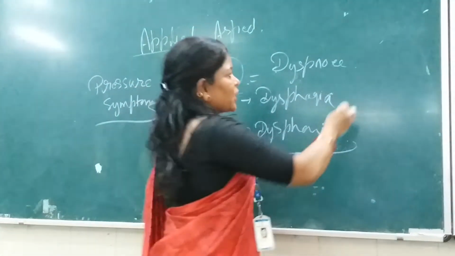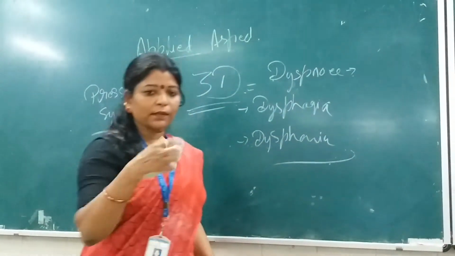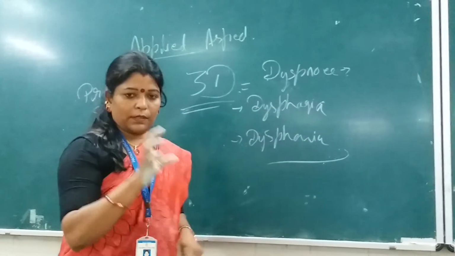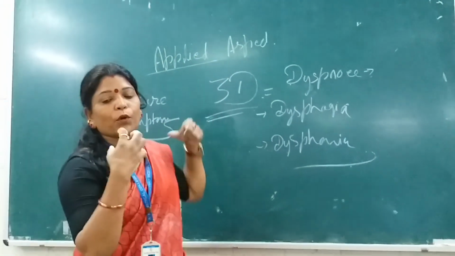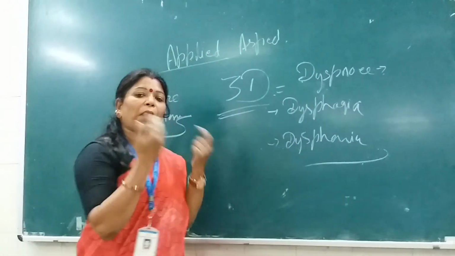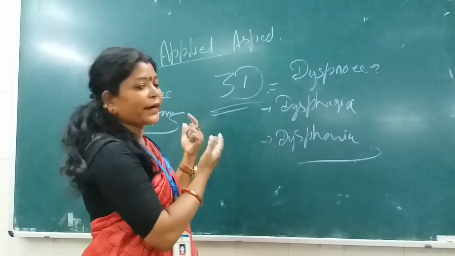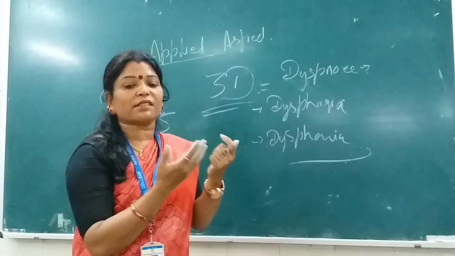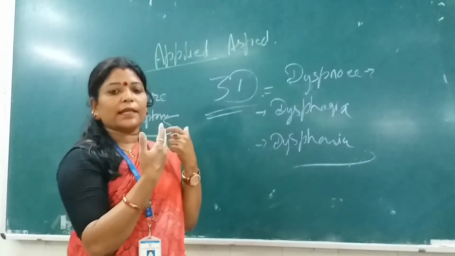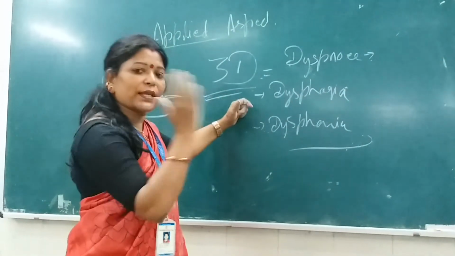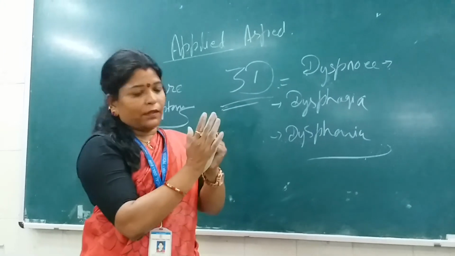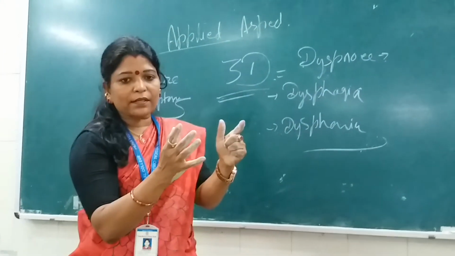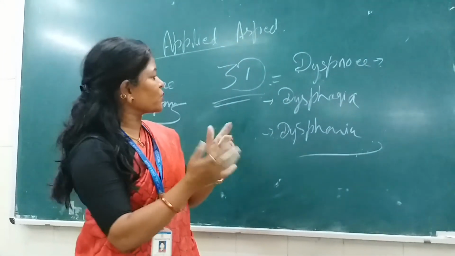Dyspnea is disturbed breathing, because the enlarged goitrous thyroid gland produces pressure backwards, as we have already discussed that the capsule is thin posteriorly. So any enlargement will produce pressure towards the back side. On the medial surface, we have seen there are two tubular structures, the trachea as well as the esophagus.